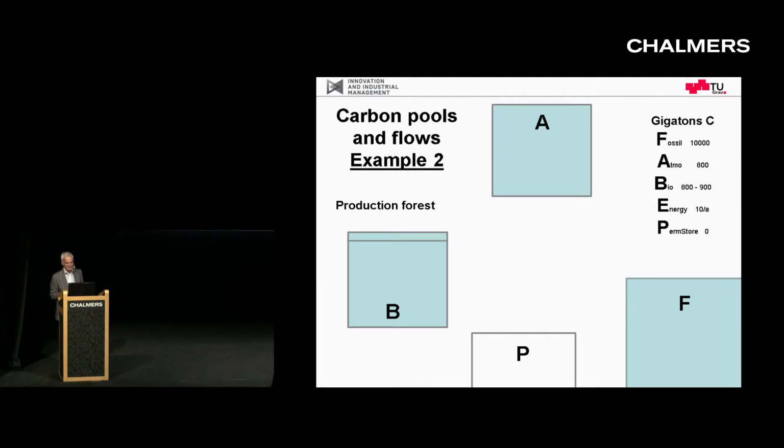This is displayed on the graphic here. We have the annual input into the atmosphere here. We move 1% of that into the production forest, and from there it goes straight into the permanent storage.